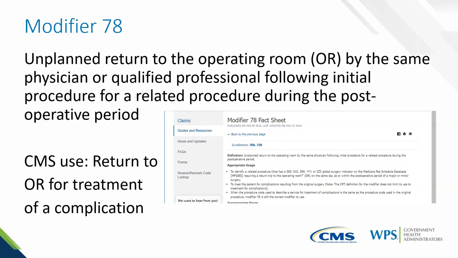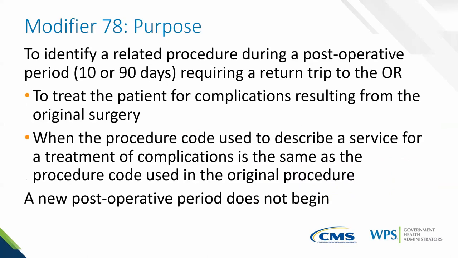Patient has a dehiscence of their surgical site. Well, that's a complication, but they wouldn't be having that if they had not had the original surgery. So that's how you can help to identify those situations where a modifier 78 applies. The other thing with this is that it is the treatment for complications requiring a return trip to the operating room.